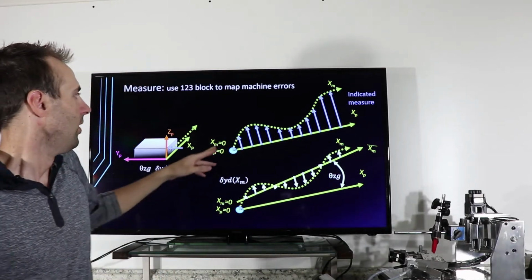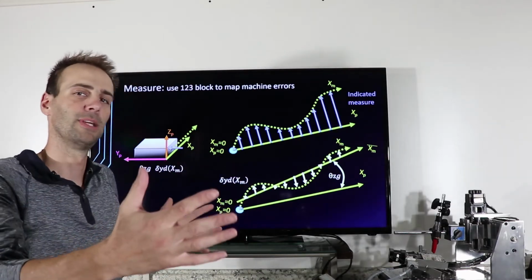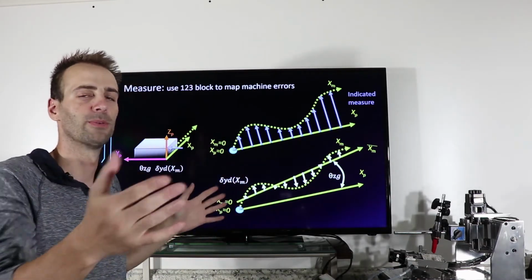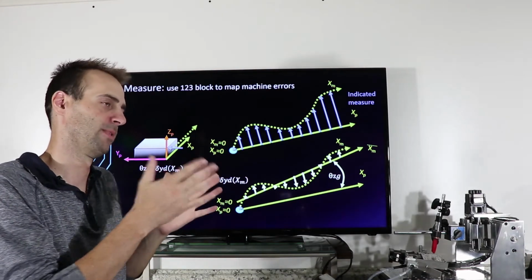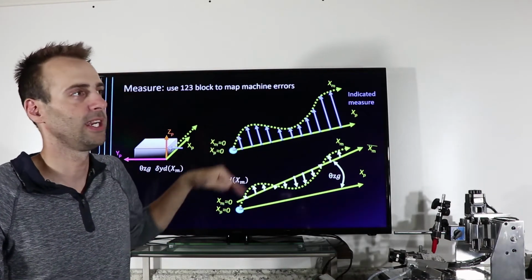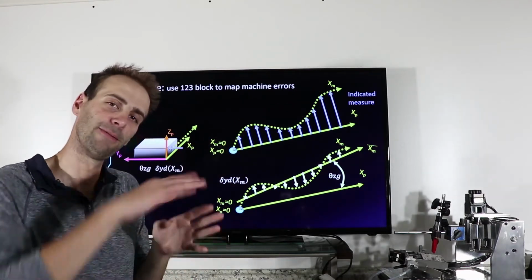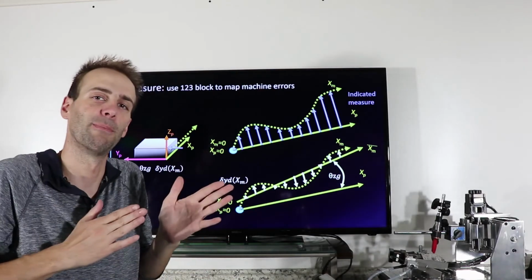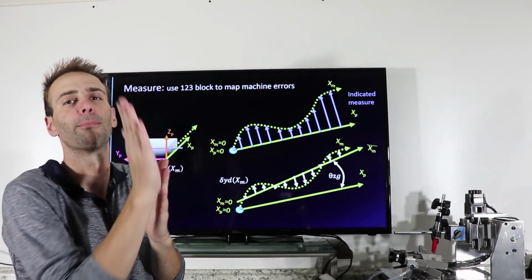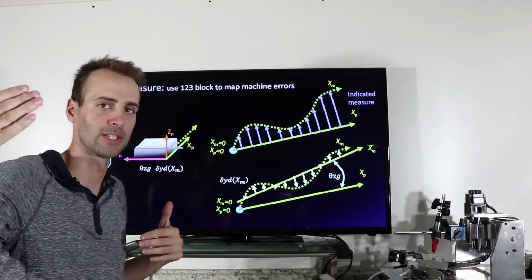So what I'm going to do is divide that into like 10 increments or whatever. Maybe you have a really long straight edge, so you're going to pick whatever makes sense for you. But I'm probably going to say that there's not going to be a whole lot of high frequency ripple in it. The axis might be bent, but it'll be bent in one banana, right? So you don't need to divide this into 1,000 steps.